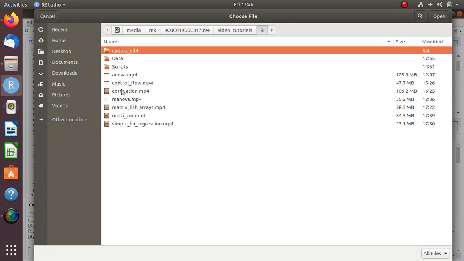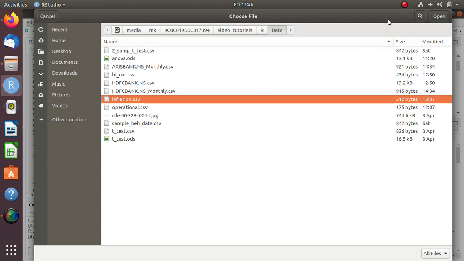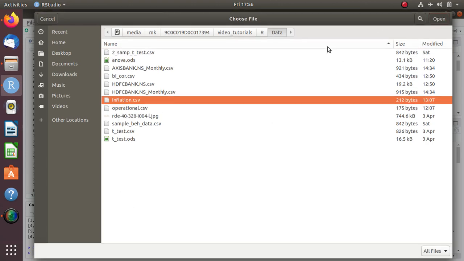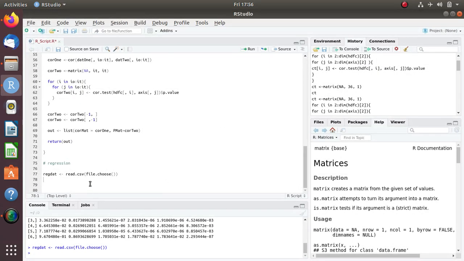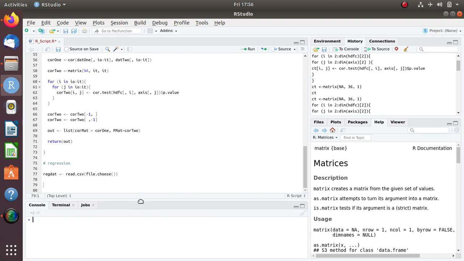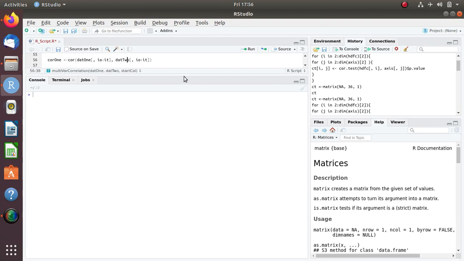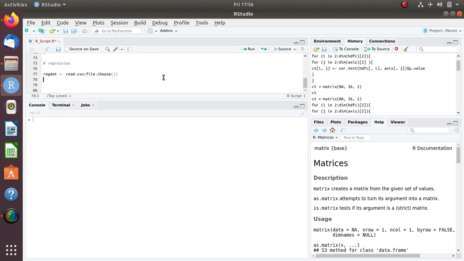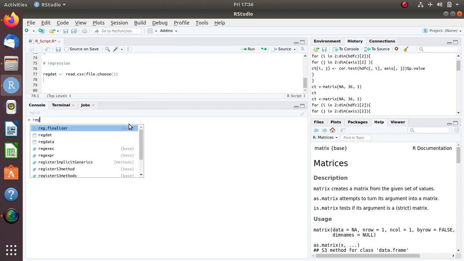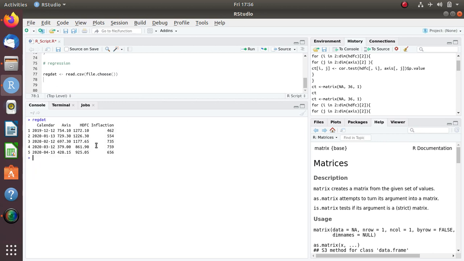I think this is the inflation data. Inflation. Now let's see, we have the data inside here. Control L. I think I don't need all this. Yeah. Now reg data. You see, we got the data.